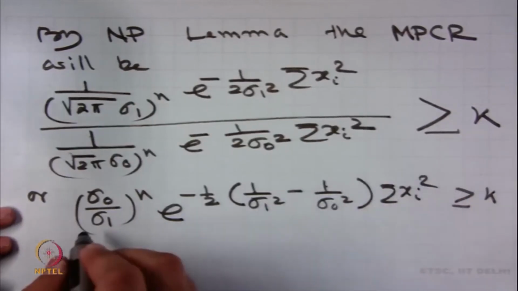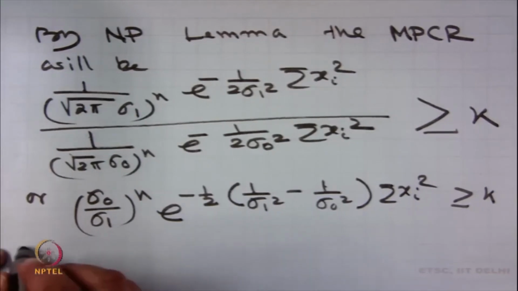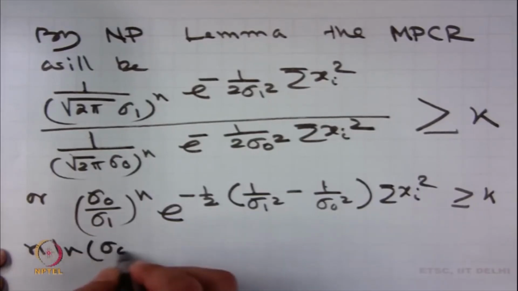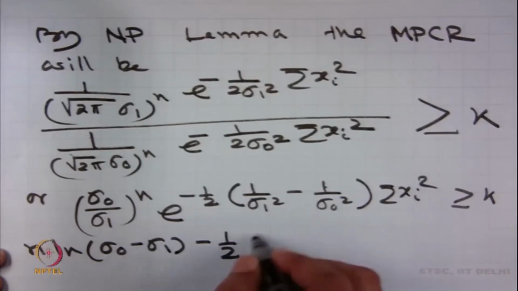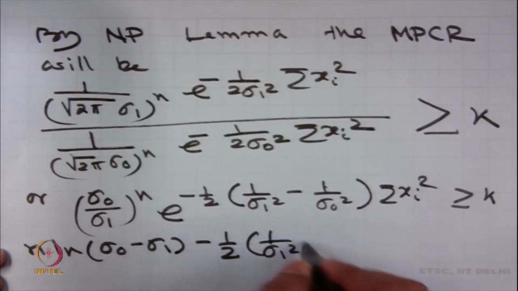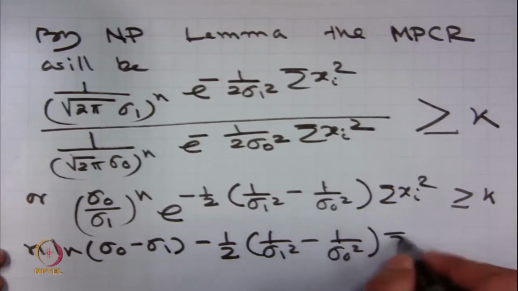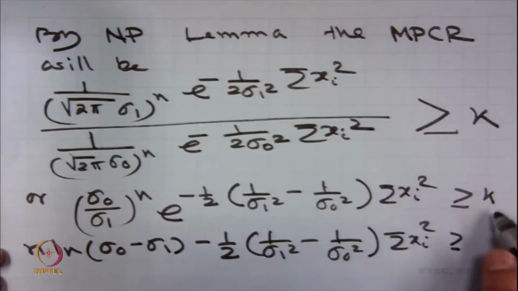or taking log, n log sigma naught minus sigma 1 minus half 1 upon sigma 1 square minus 1 upon sigma naught square sigma xi square is greater than equal to some constant which will come through log operation on k.